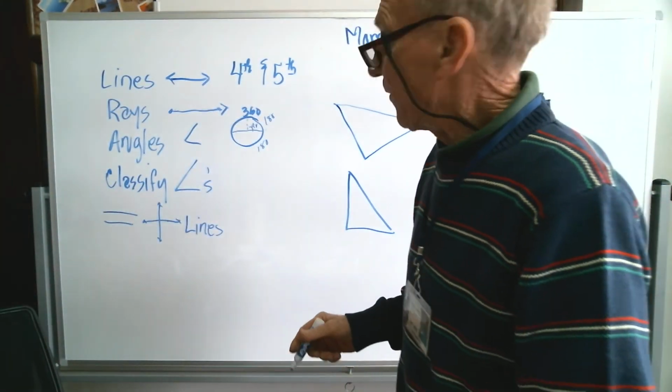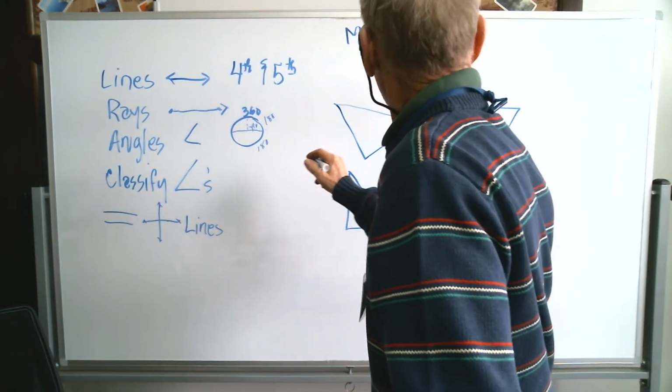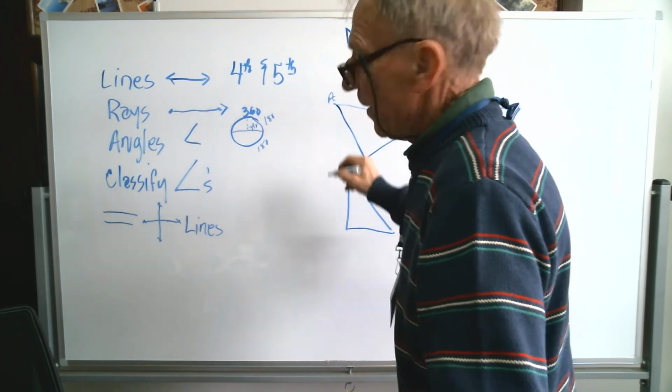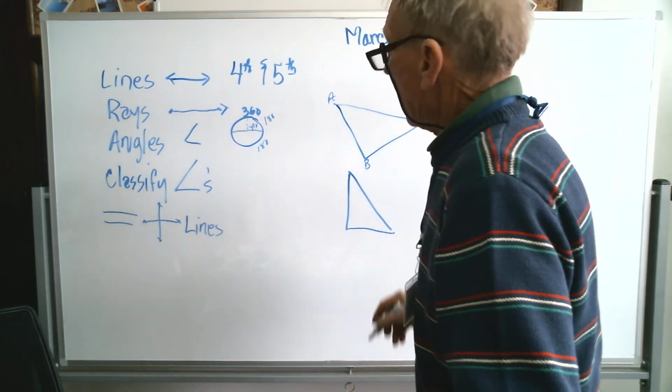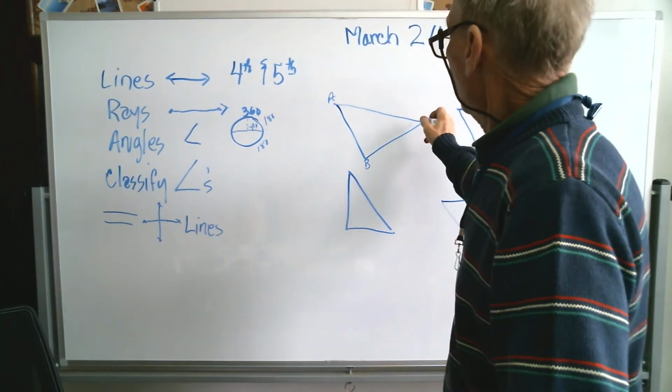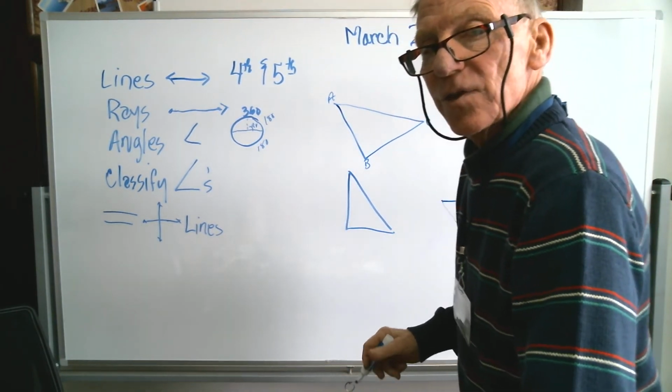And they label these. So if we label them A, B, C. Now, we're labeling these at the vertex where the lines come together.